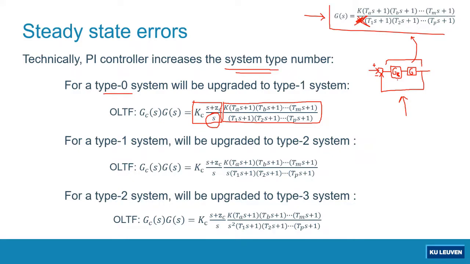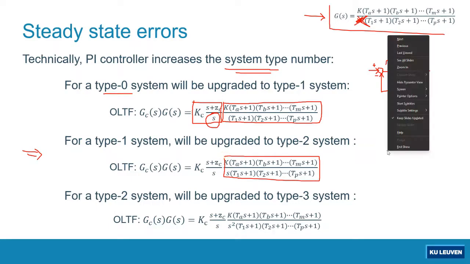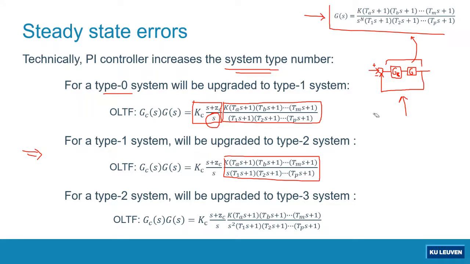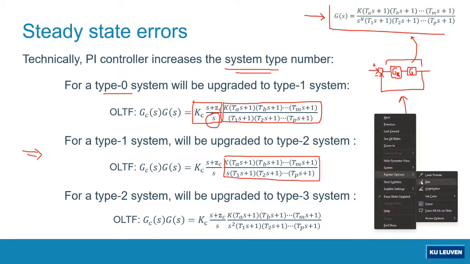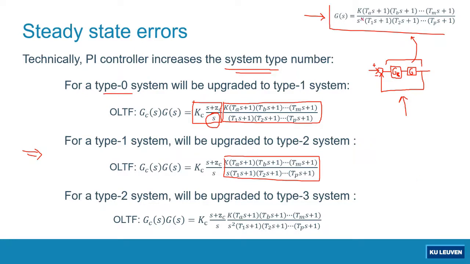Now what will happen if we have a type 1 system? With the same logic, of course, this is my type 1 system. Why do I call it type 1 system? Type 1 system is the system where I simply have one integrator. That means n here will be equal to 1. So my GS, my original system, has one pole at origin, one pole that is equal to 0.